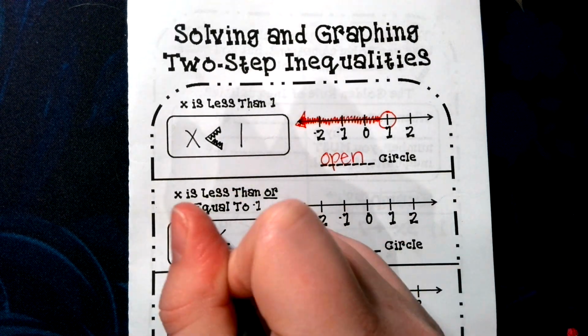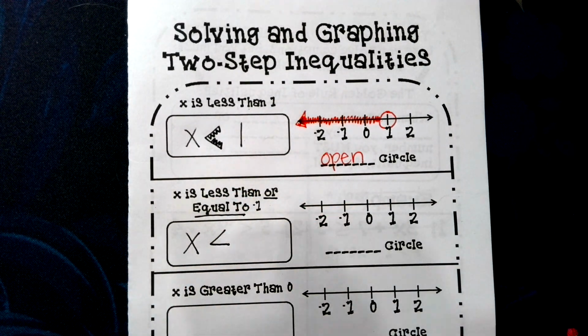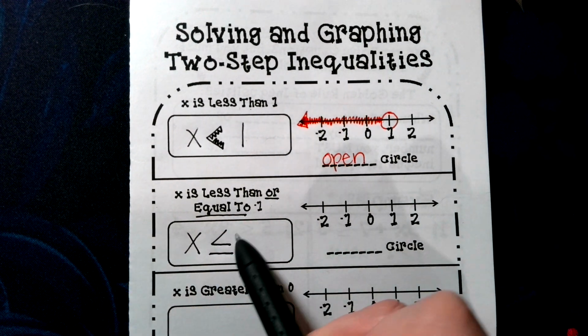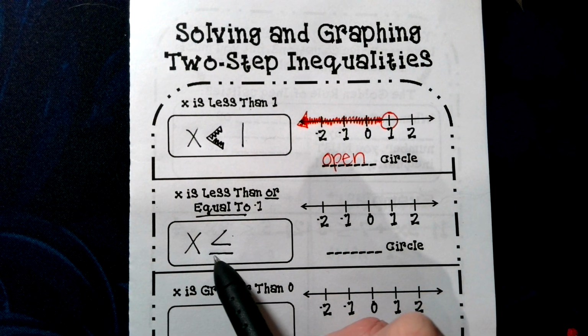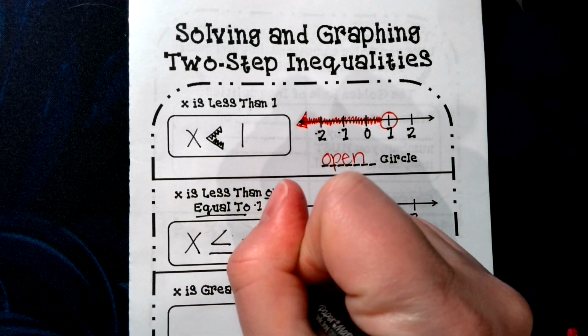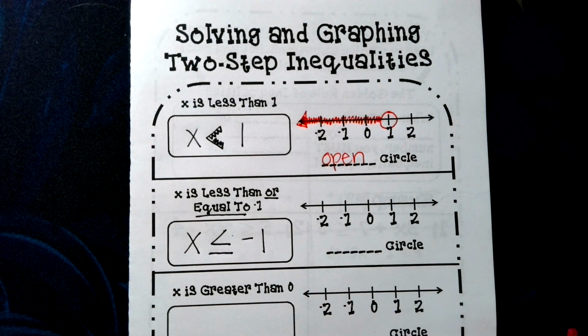But this one also has or equal to. That means I need to have a line underneath of it. So we have the less than sign and half of an equal sign to show that it could be both of those things, less than or equal to -1.